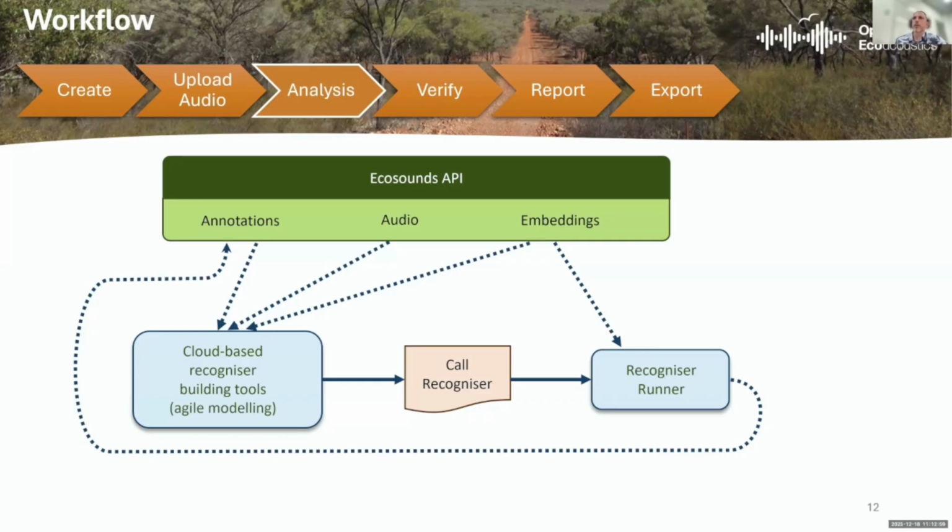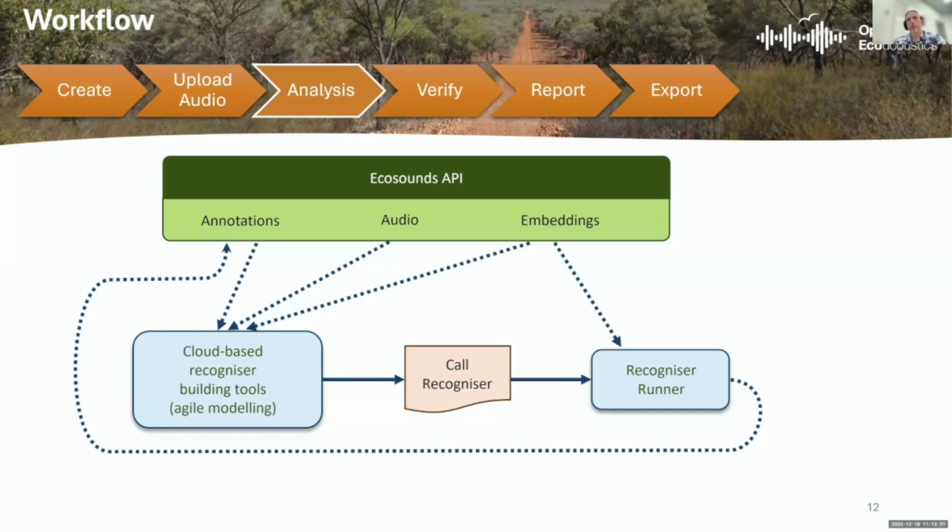So there's 2 main parts to it. There's a platform for building the recognizer, and then that interacts with ecosounds pulling annotations, as in short segments of audio that are labeled with your species of interest, or call type, pulls audio so that you can see spectrograms and verify detections within the recognizer building tool, and most importantly, pulls these Perch or BirdNet embeddings, and I'm going to get into what those are exactly in a couple of slides.